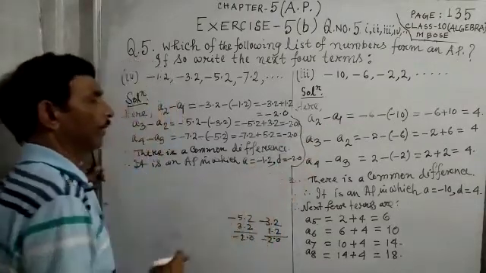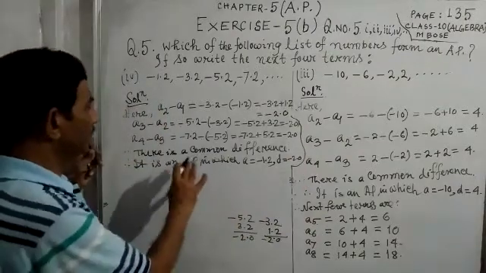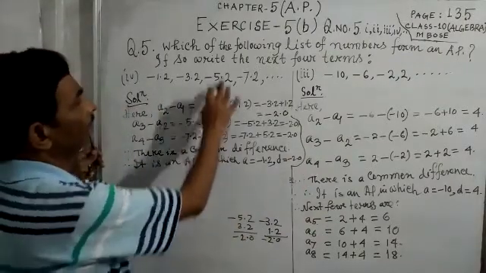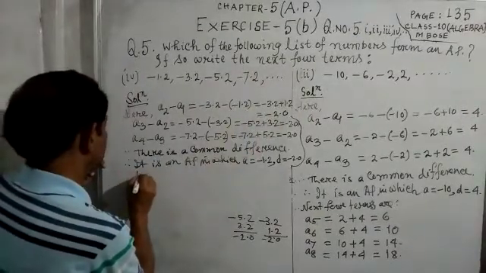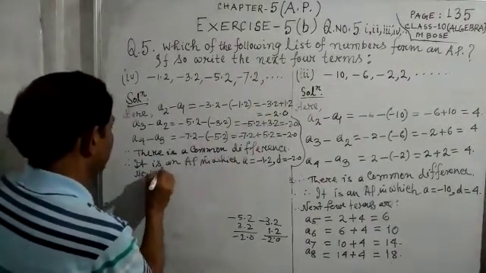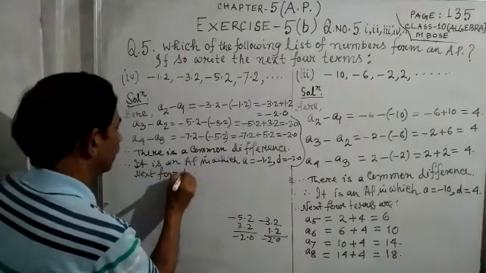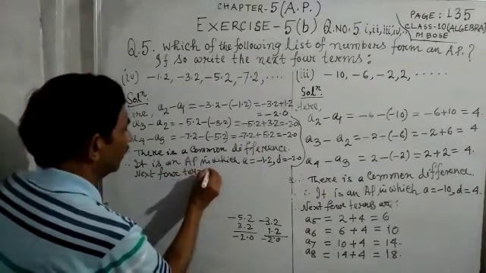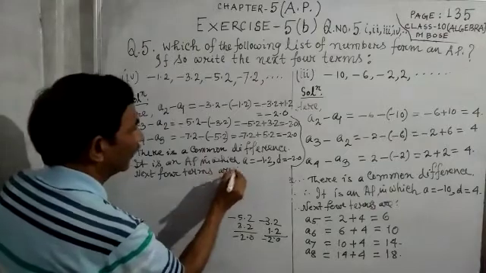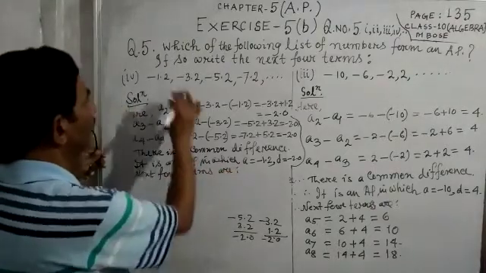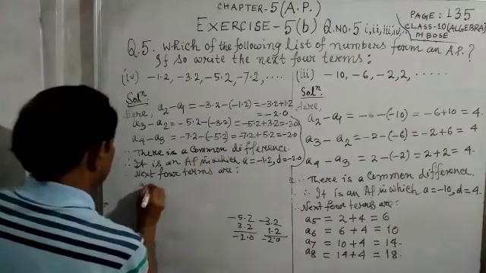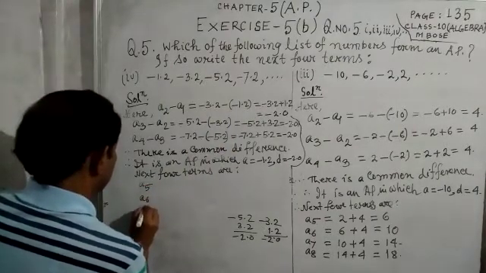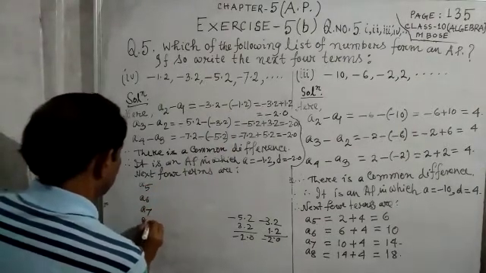So when it forms an AP, we have to find the next four terms. Therefore the next four terms are, after A1, A2, A3, A4, we need to find A5, then A6, then A7, then A8.